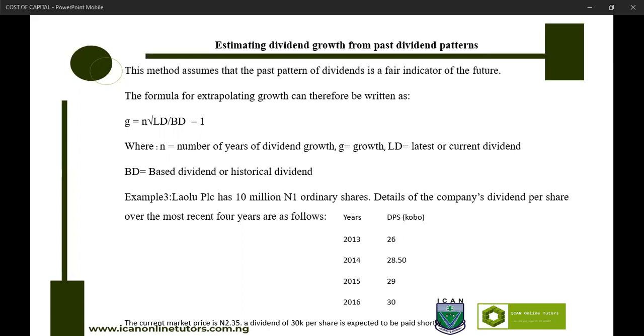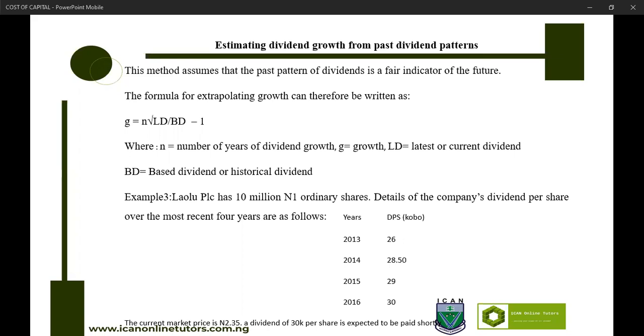So using the extrapolating method, the formula is G equals N square root of LD divided by BD minus 1. Are we there?